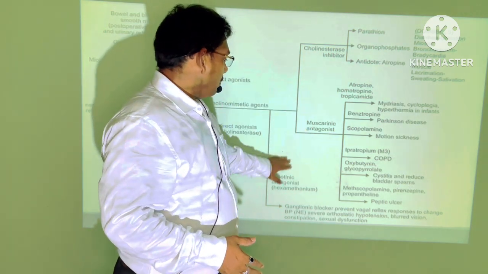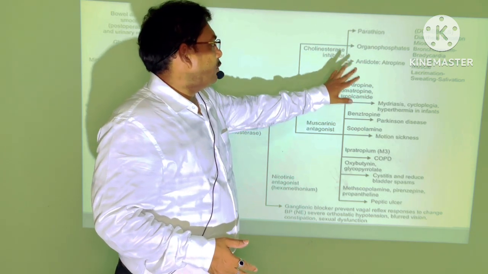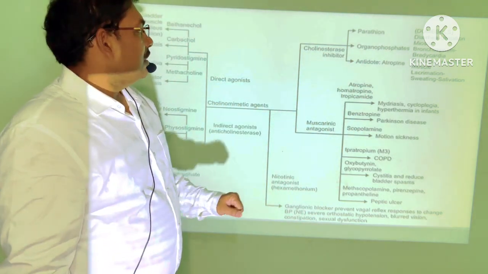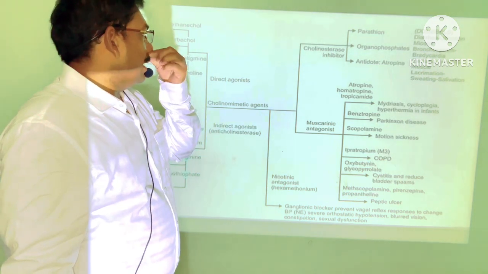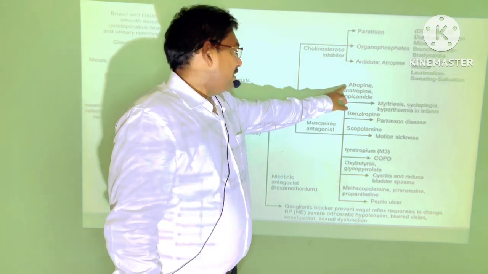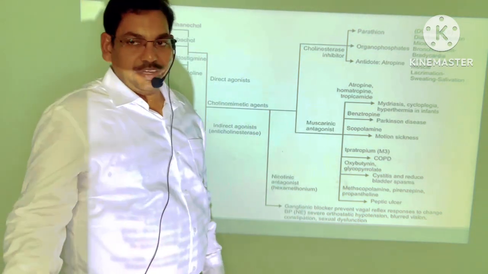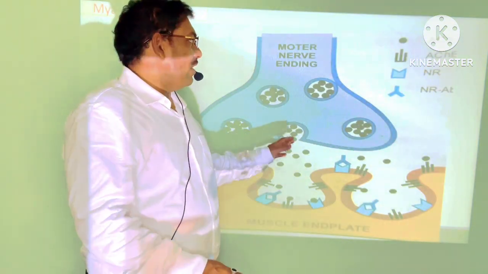Okay, that is also part of the cholinesterase inhibitors: malathion, organophosphates, and the antidote, known as the indirectly acting drugs. Okay, and that portion of the anticholinergic drugs is discussed in the next slide. Okay, thank you all for your attention.